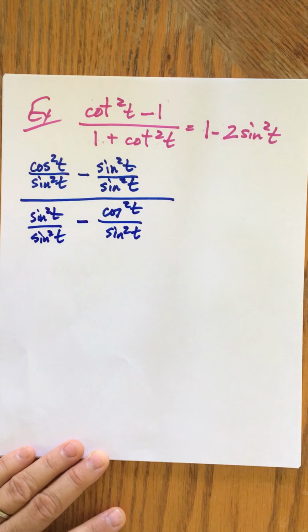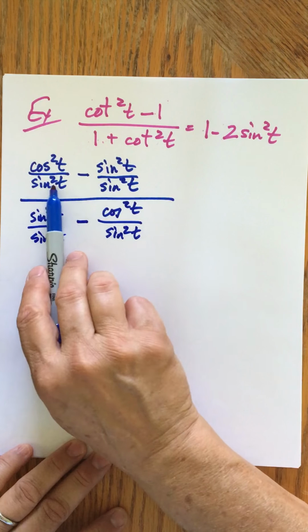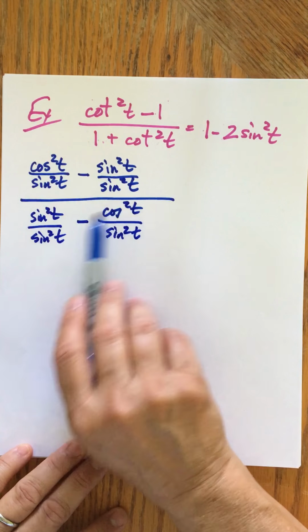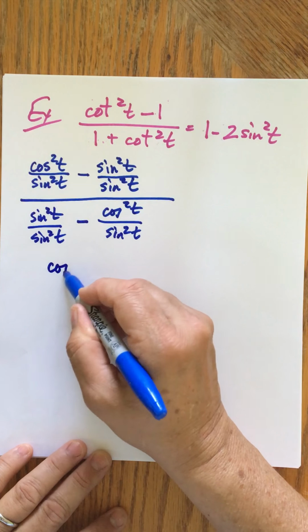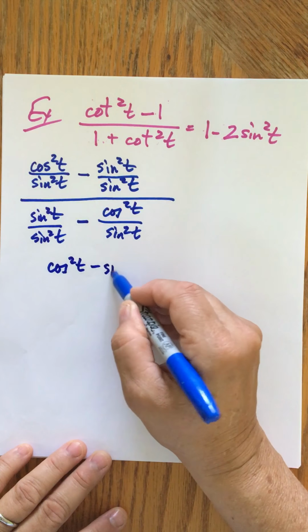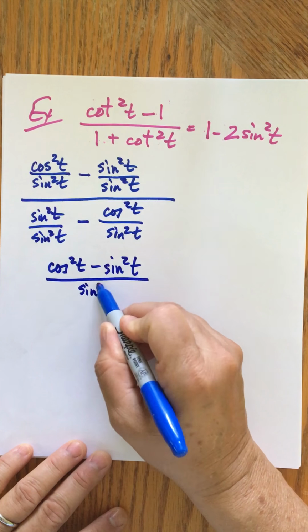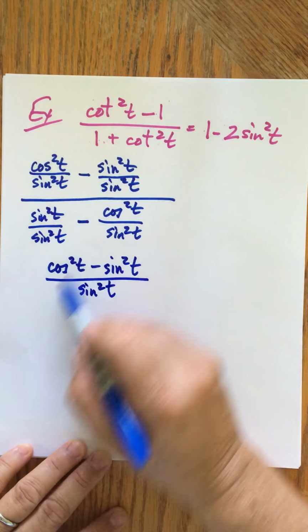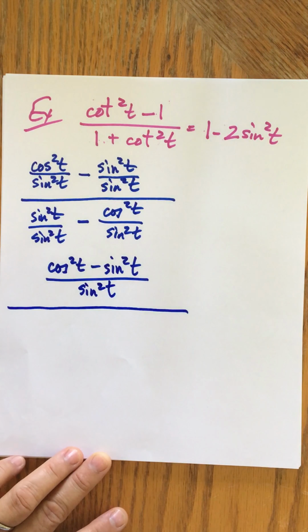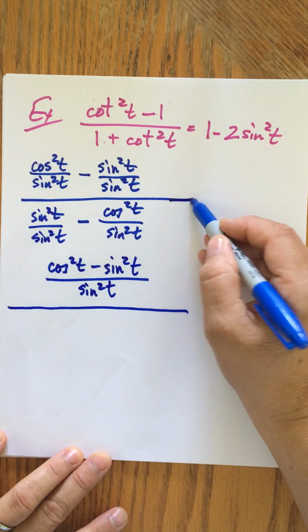Okay. So now I can write all of this over sine squared t, and I can write all of this over sine squared t. So I have cosine squared t minus sine squared t all over sine squared t. That's this. Now let me really exaggerate it. Then there's the very large fraction bar here.